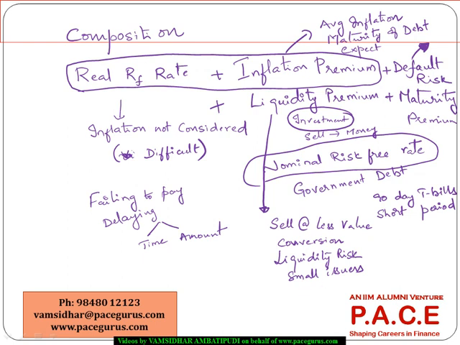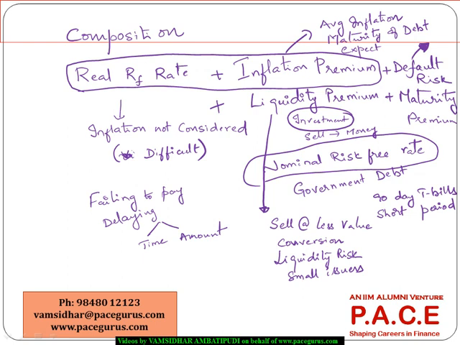Wherever they want to liquidate their position, it does not become that easy. The trading becomes very infrequent, and if I have to sell it off, I may be forced to sell it at a much lesser price. So if any particular security has a liquidity risk, even the interest rate associated with that security would reflect that premium as well.